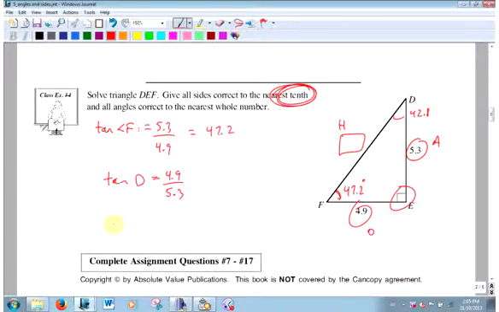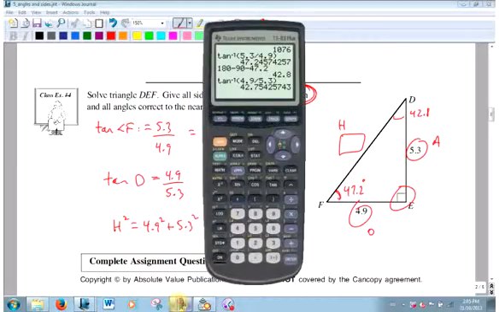Let's do Pythagoras for H, because everybody loves that. Some of us need practice. That's another way of saying it. Okay? So 4.9 squared plus 5.3 squared is that what H is? That's H squared.